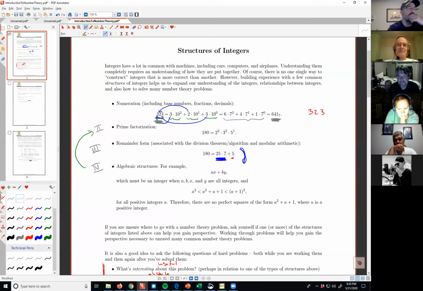We're not really using prime factorization, but we're using some of the same type of math to build up the basic divisibility theorems. But yeah, 4 versus 3.